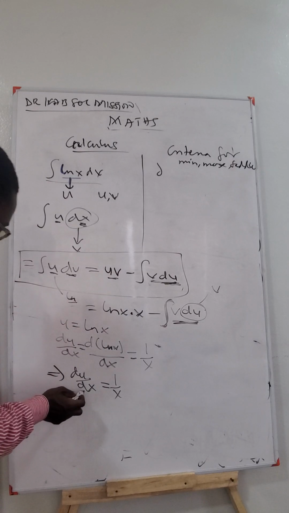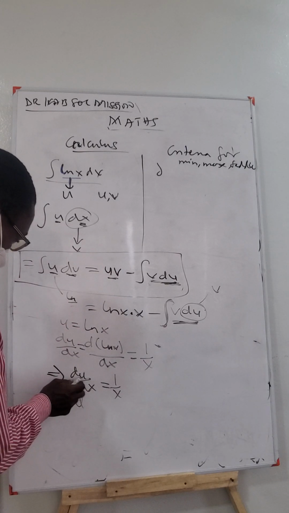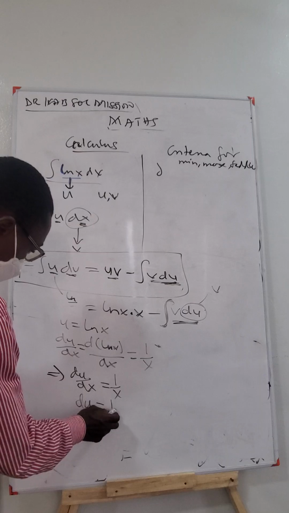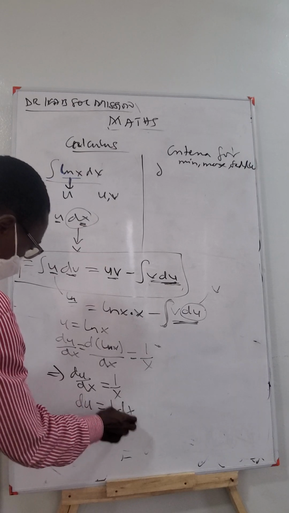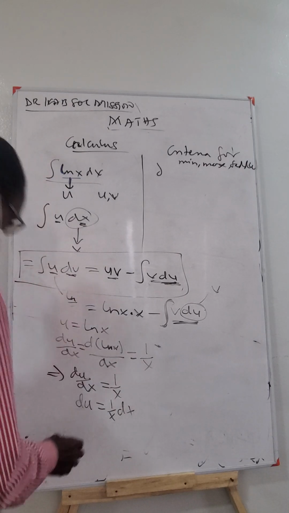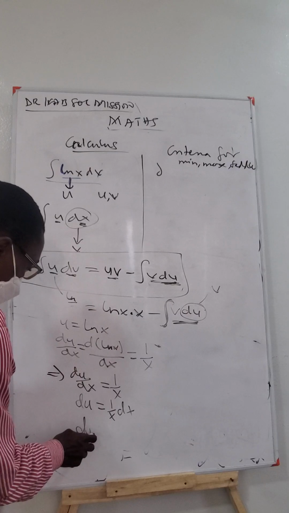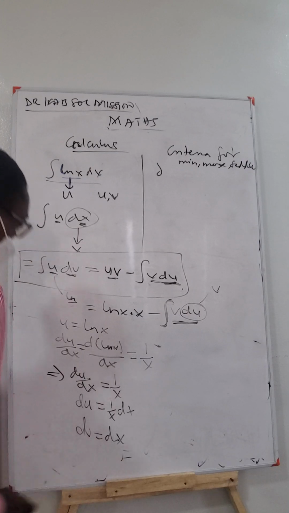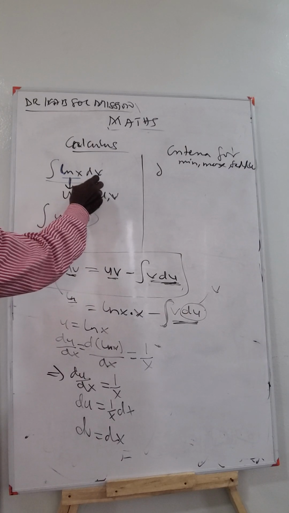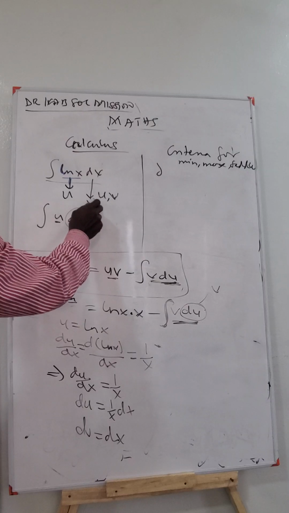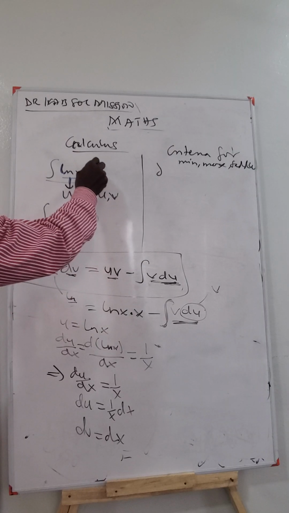So what will happen from here is that you can make du the subject. du will be equal to 1 over x dx. But let's not forget, we said v is equal to x. Remember when we were starting initially, we said let this also be equal to v. The x here.